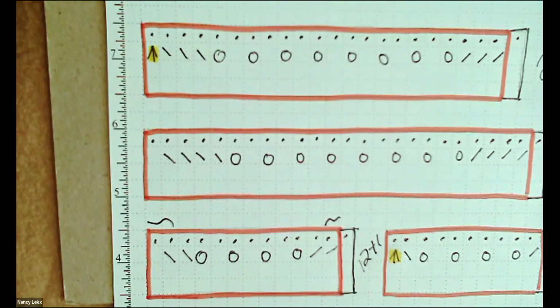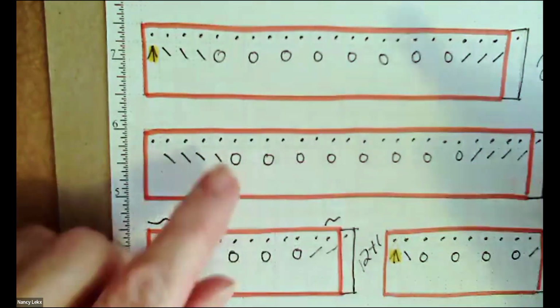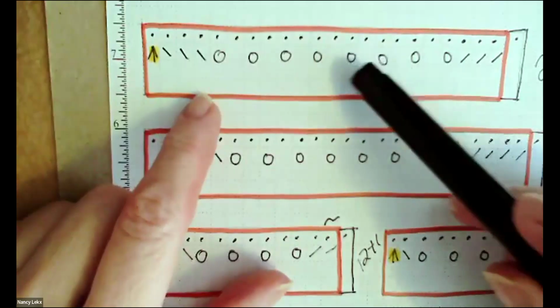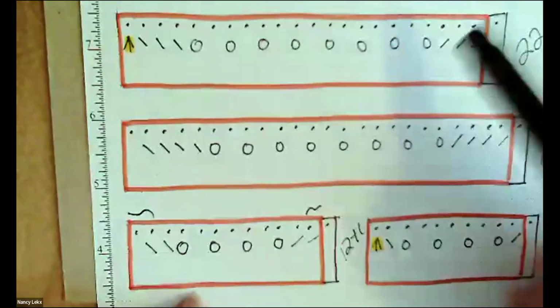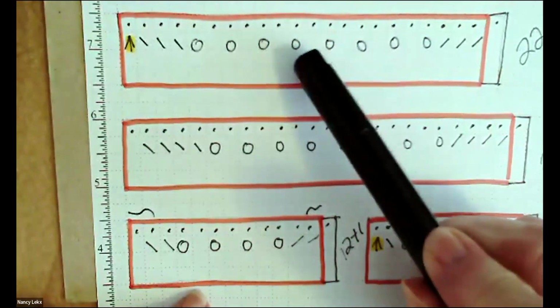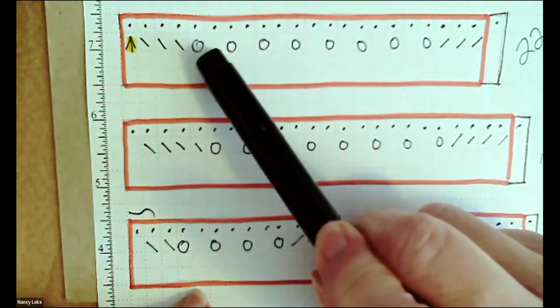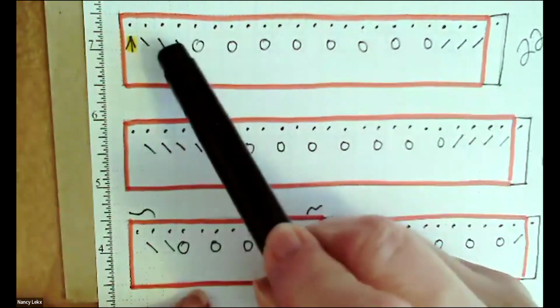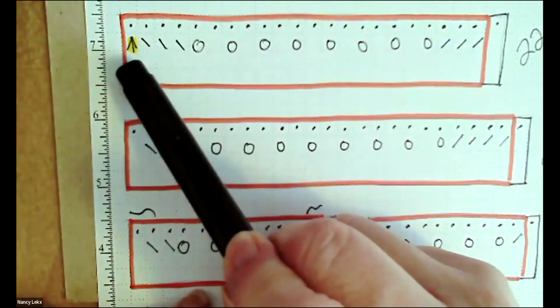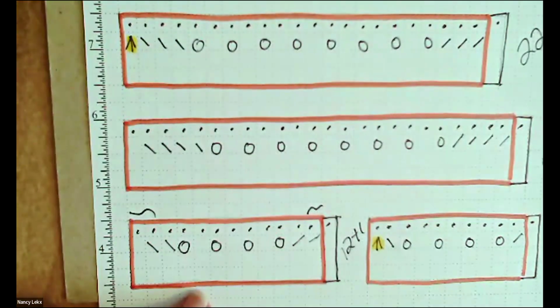So the eyelets here compensate for all the decreases. We'll count them up. I've got 1, 2, 3, 4, 5, 6, 7, 8 increases. I've got 1, 2, 3, 4, 5, 6, 7, 8 decreases.